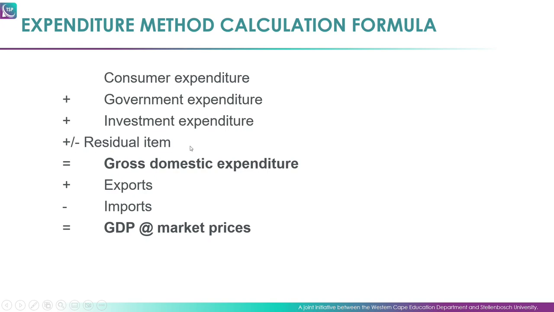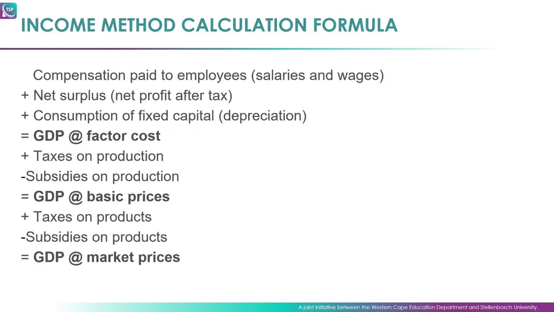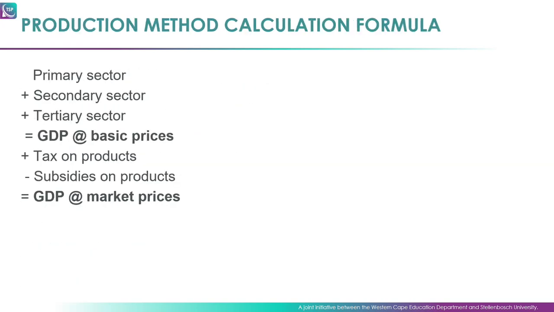is your balancing figure. The reason why we need this balancing figure is that in the expenditure method, we're looking from a selling perspective, from what is being sold in the market, whereas if you look at your income method or your production method, you're looking from the cost perspective.